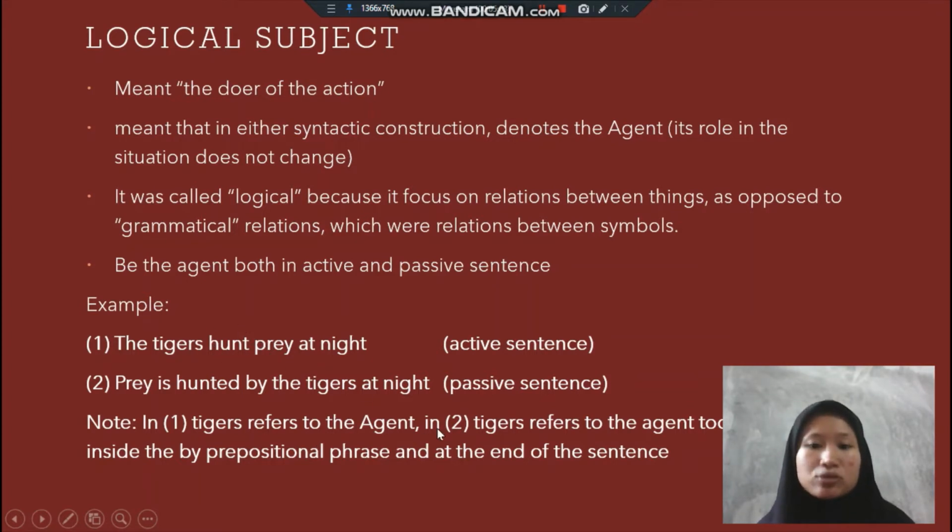In sentence 2, the tigers refers to the agent too, although it is inside the by preposition phrase and at the end of the sentence, it refers to the doer or the agent of the sentence.